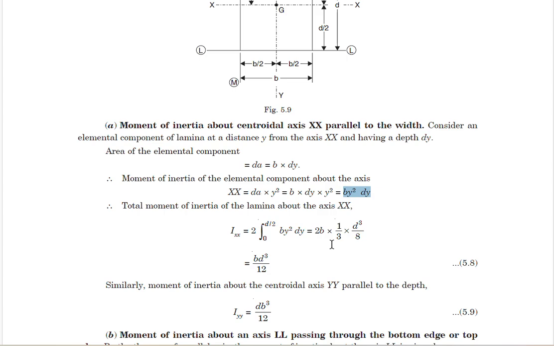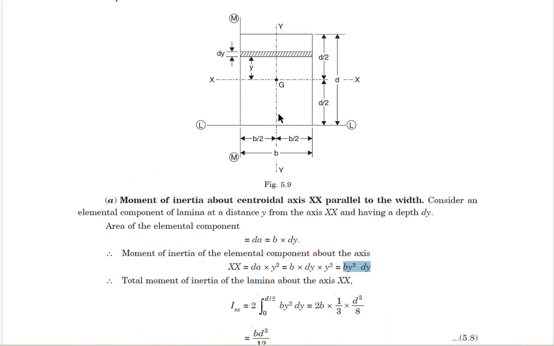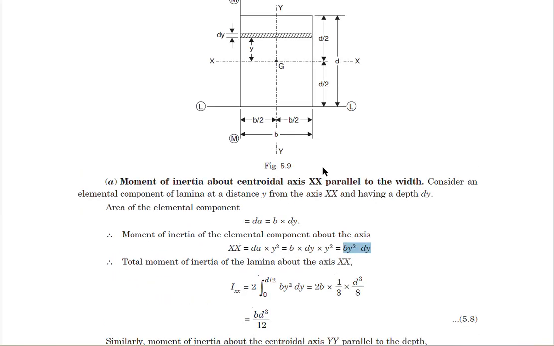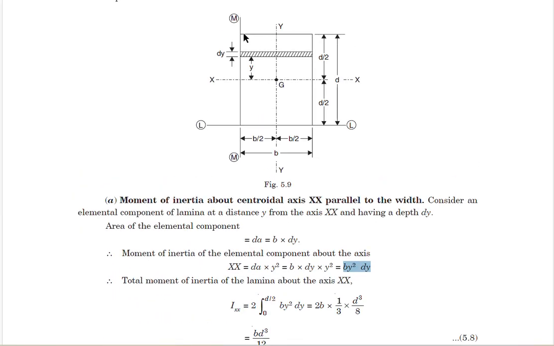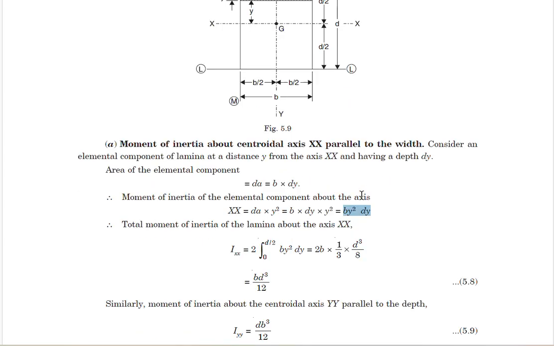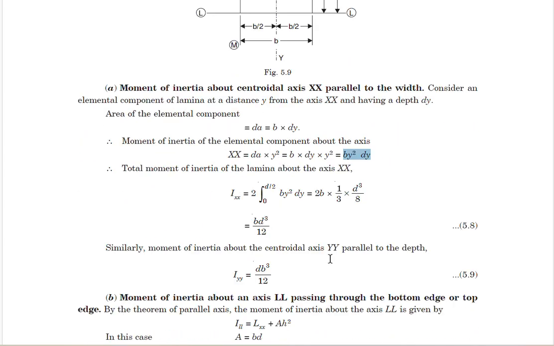Similarly, the moment of inertia about the central axis y will be equal to db cube, because in this case d becomes its horizontal axis, or equivalent to the horizontal axis, and b becomes its total thickness. So this will be equal to db cube by 12.